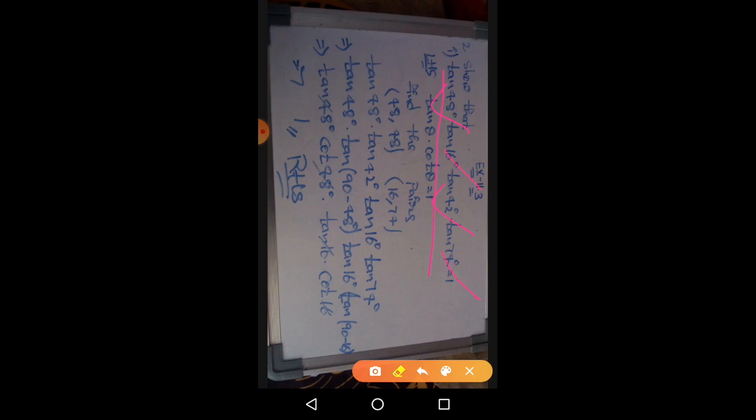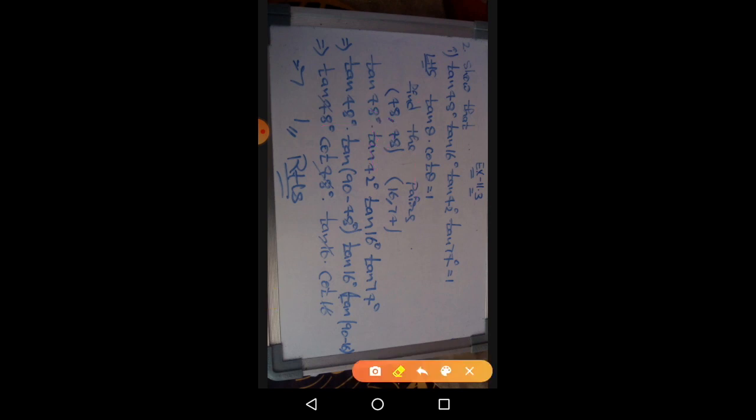Thus we have to take two groups simultaneously. Tan theta into cot theta equals 1, this is the basic property. Find the pairs, that is 48 and 42, and this is 16 comma 74.